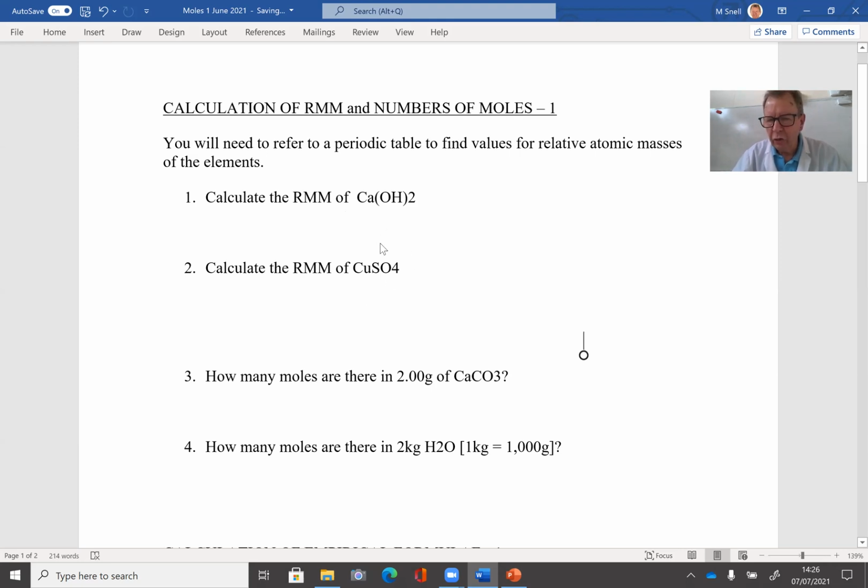And I'm going to ask you about CuSO4, and the number of moles in 2 grams of CaCO3 is 0.02 moles. I will ask you about that one, okay? So I'm going to ask you for a thumbs up for 1 and 2, and then for 3 and 4. Okay, so I'm stopping sharing.